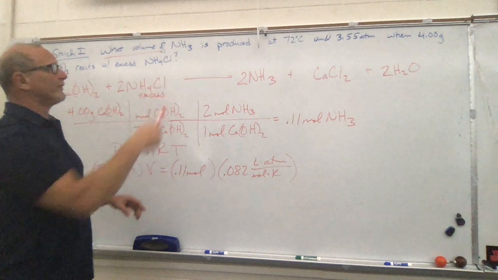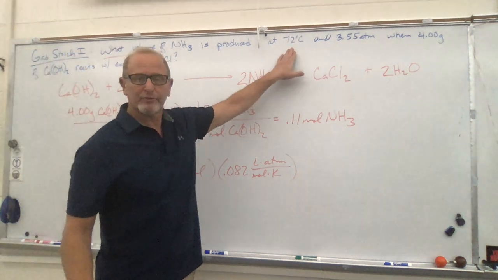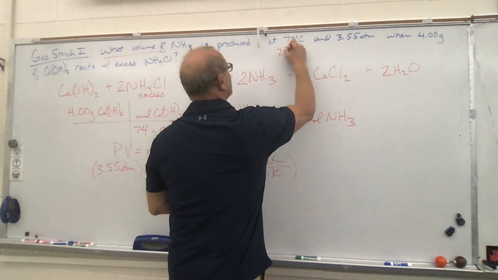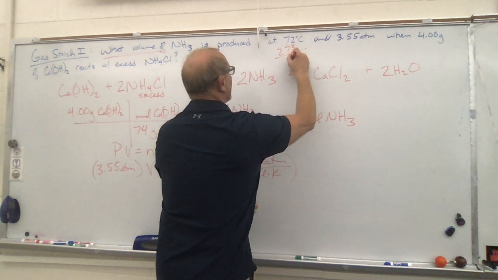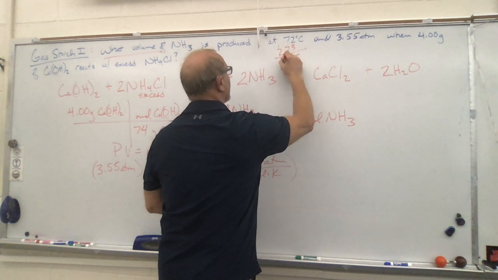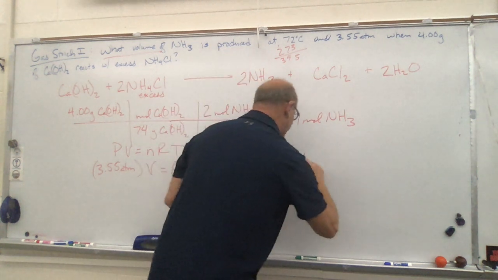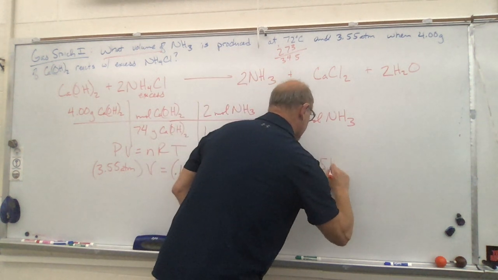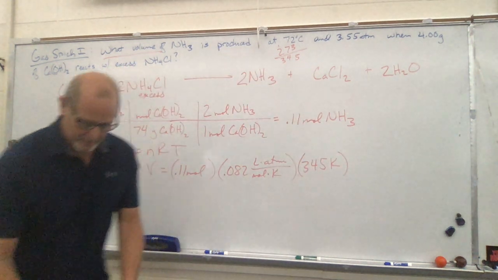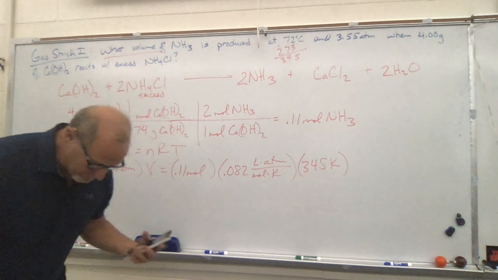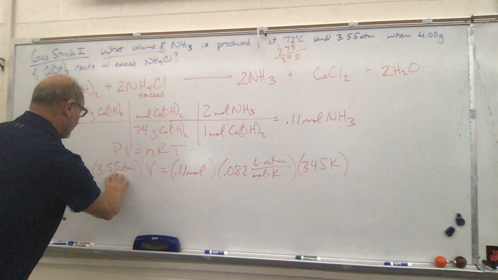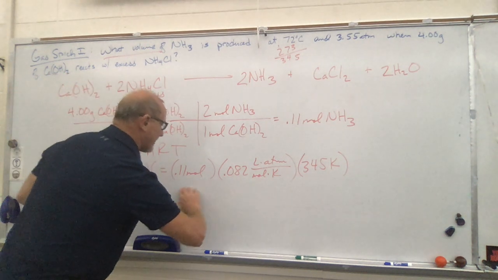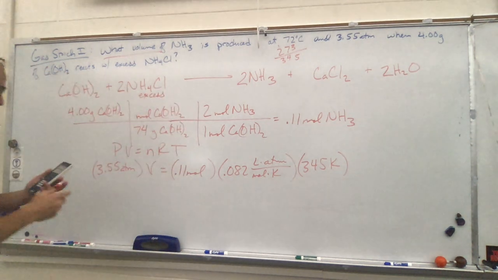Speaking of kelvins, we have 72 Celsius plus 273. That gives me a 5, a 4, and a 3, 345 kelvins. That's pretty warm, not going to lie. So if we punch this in, throw the 3.55 over into the bottom here, that'll isolate the volume.